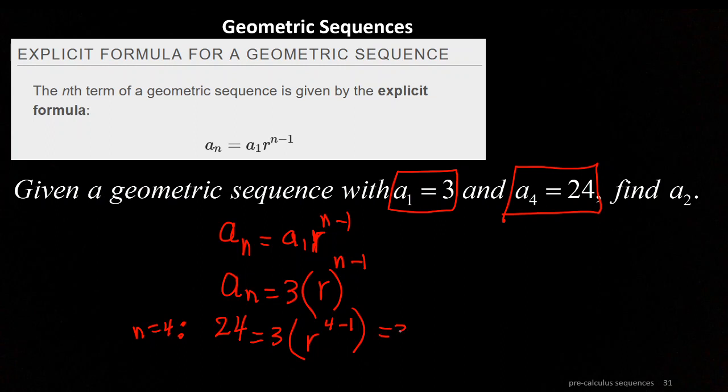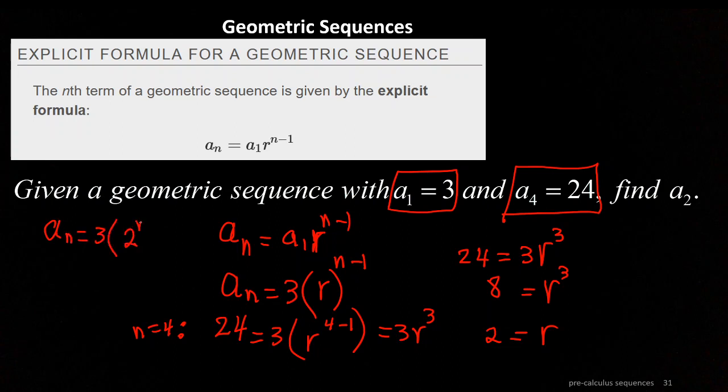So that is 3r to the third power, which means 24 equals 3r to the third power. That means r to the third power is 8, 24 divided by 3. And r is 2, right? So our formula is a sub n equals 3 times 2 to n minus 1. That's a complete picture of this geometric sequence. I keep saying series, it's sequence.